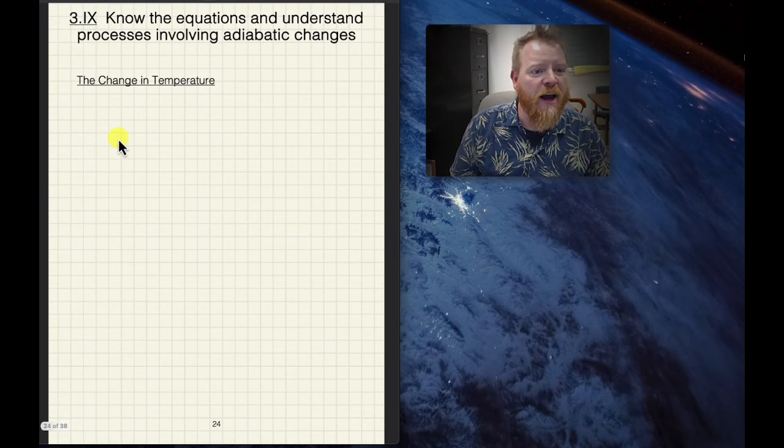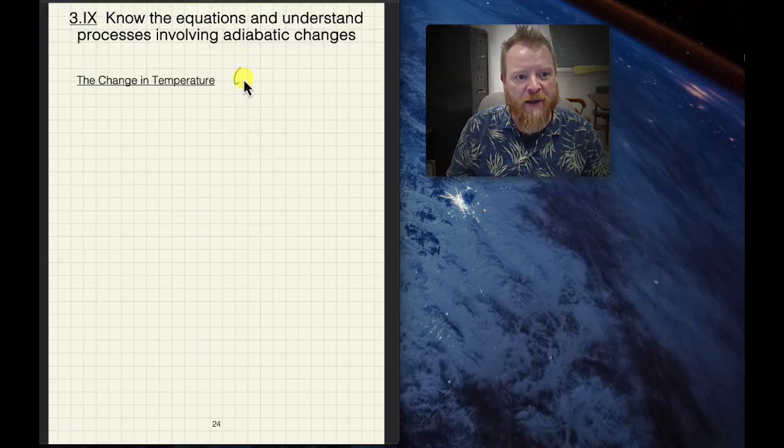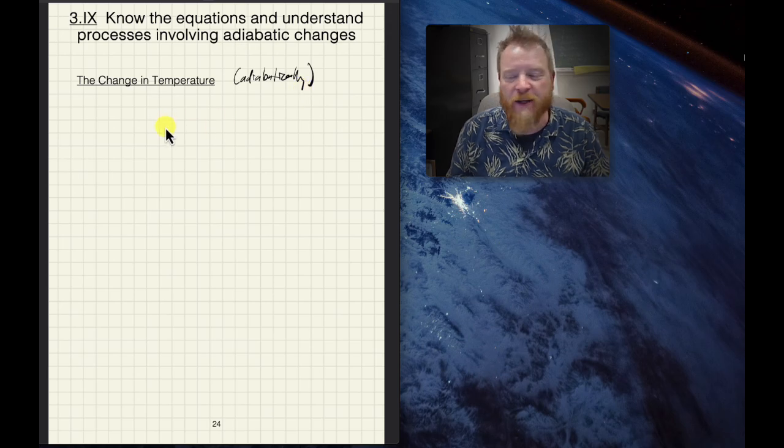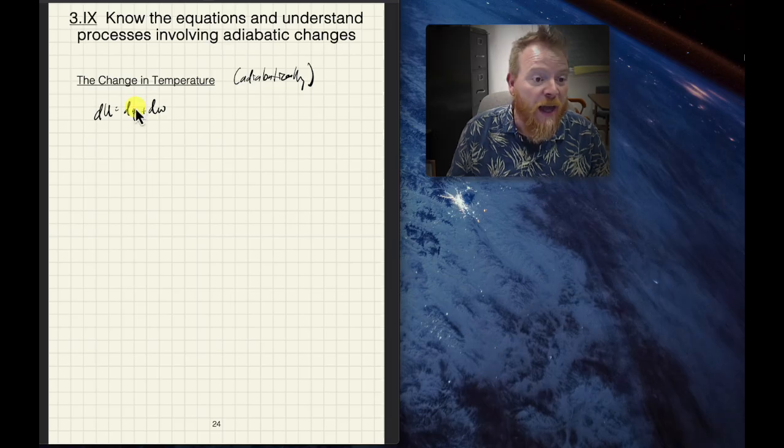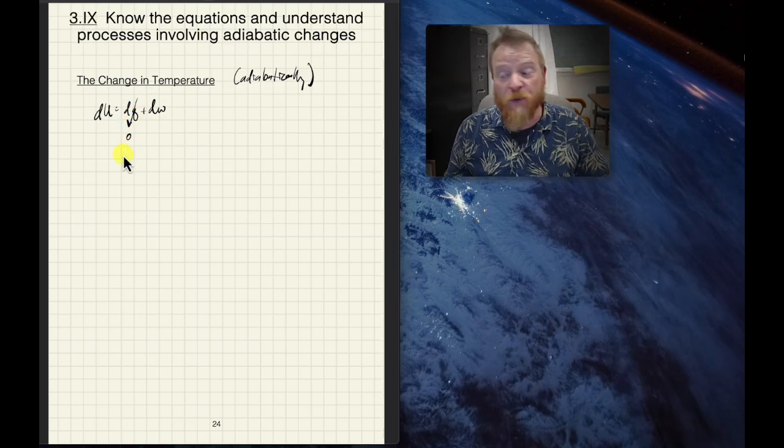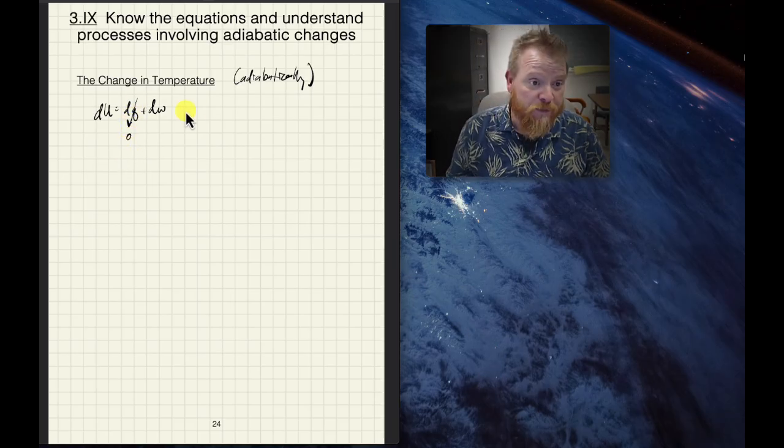So setting that up, changes in temperature done adiabatically, right? Let's just remind ourselves, adiabatically, assuming that we can read and spell. I can't do either. So noting there, the first law, we start with dU equals dq plus dw, and we imposed that dq must be equal to 0.